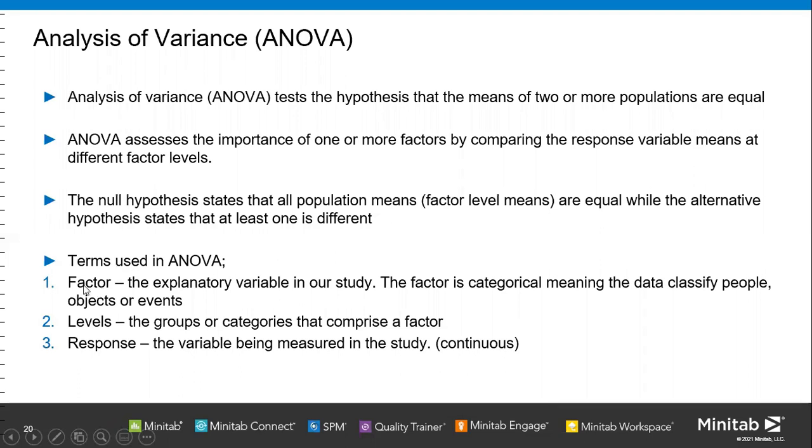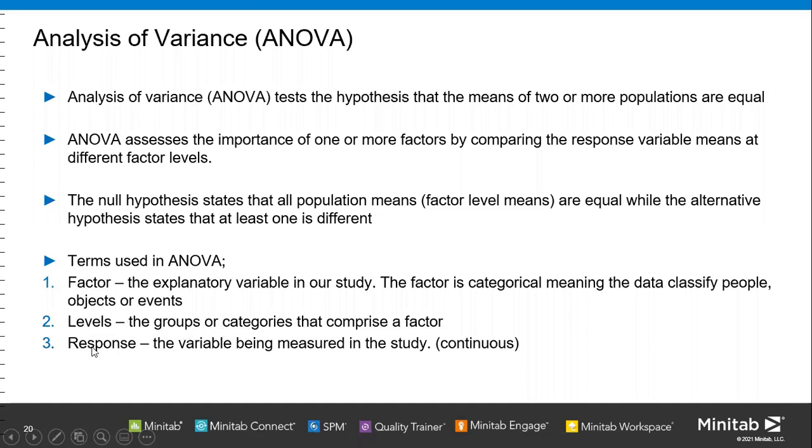in the ANOVA. The first is your factor. Factor means the explanatory variable in your variables. The factor is categorical, meaning the data is classified like people, object, or event. That's one. And then the second part is the level, the group of categories that comprise a factor.